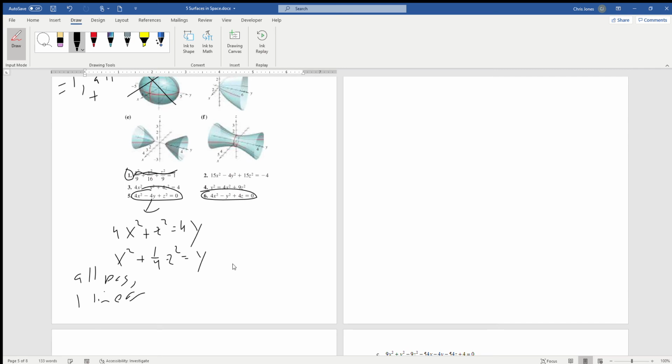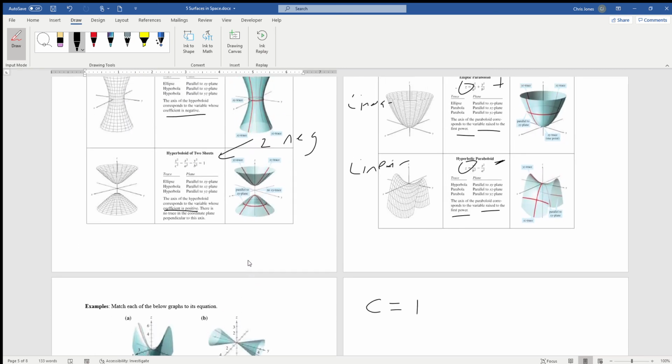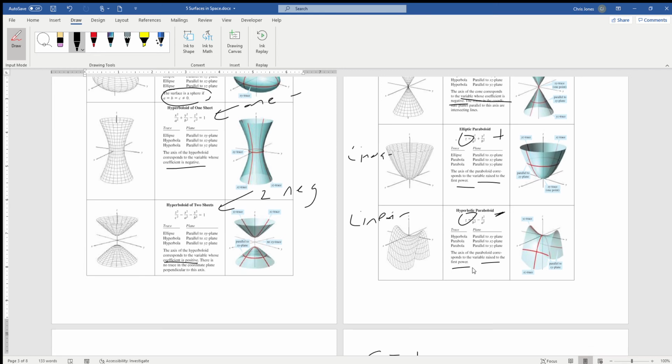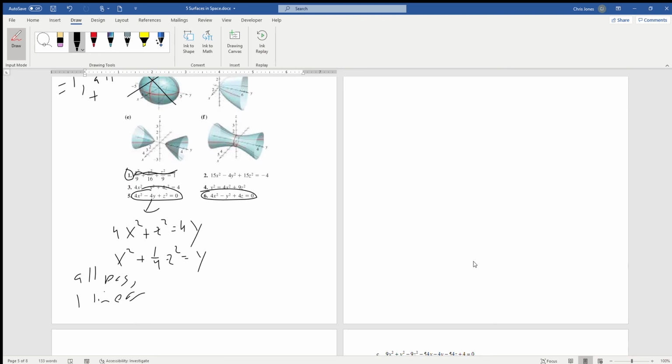If we go back up, this looks like an elliptic paraboloid, because it's all positives, except that y is equal to this. We should also note that this should expand on the y-axis, because that's the isolated variable.